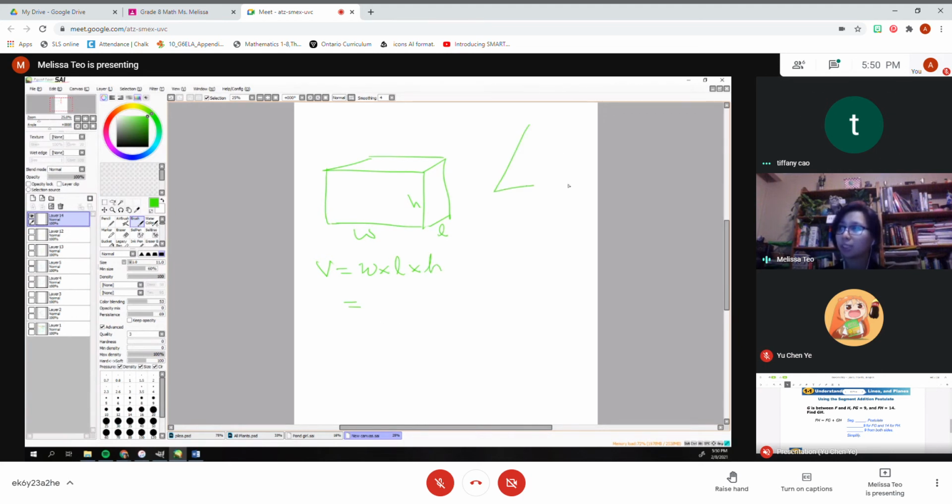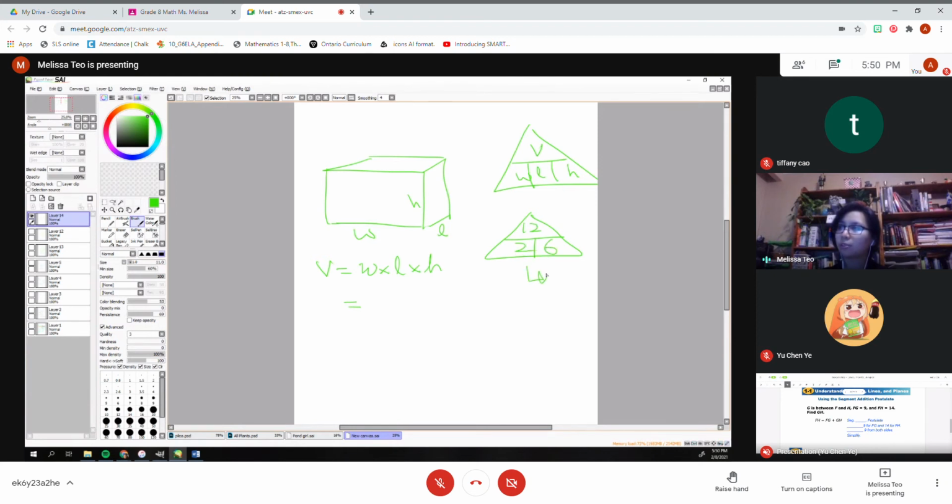Did you ever learn about the magic triangle? No. Oh, okay. This is going to help you a lot when you're doing formulas. Essentially, if you look at this magic triangle, you have the answer over here. Let's just say this is 12, and this one is 2, and this is 6.